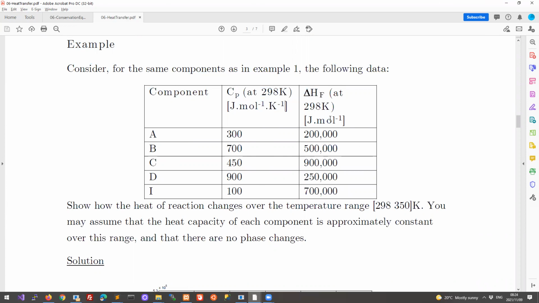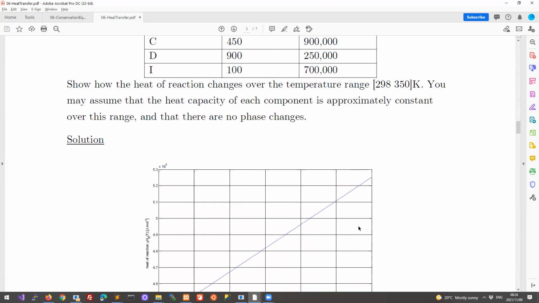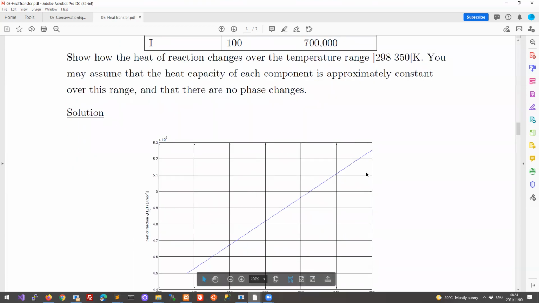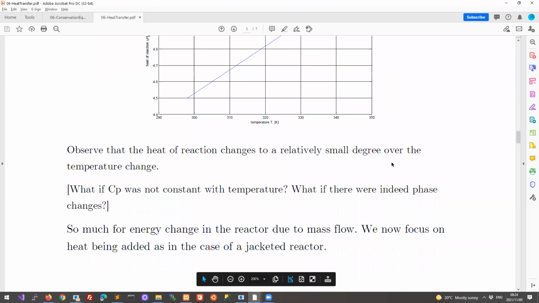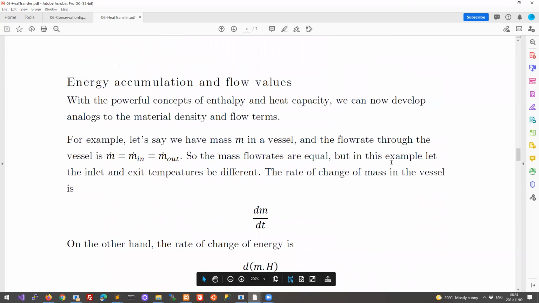This is like your reference enthalpy. So at a certain temperature, there's a reference enthalpy here. And in this question, you want to show how the net heat, well, this is a reaction example. So through the stoichiometry, you can show how you get that heat of reaction.